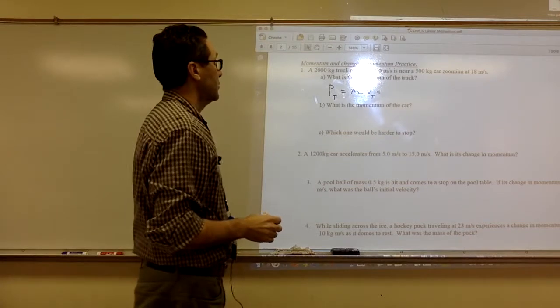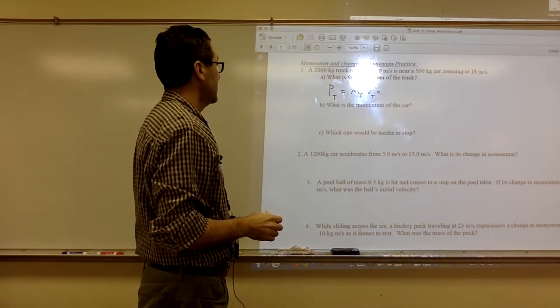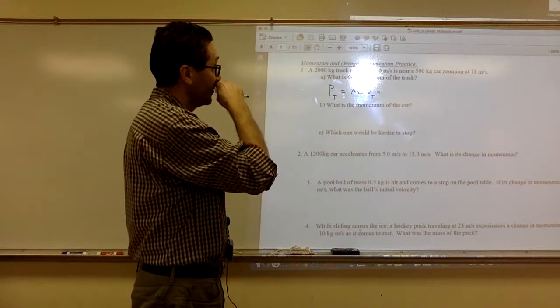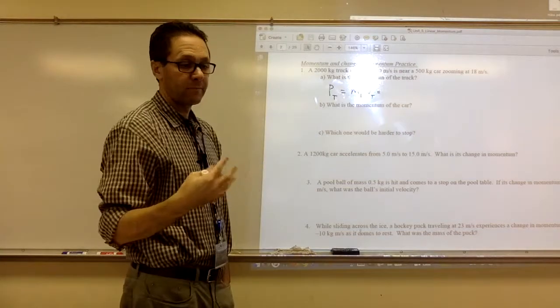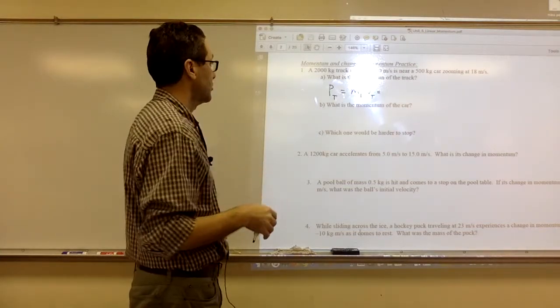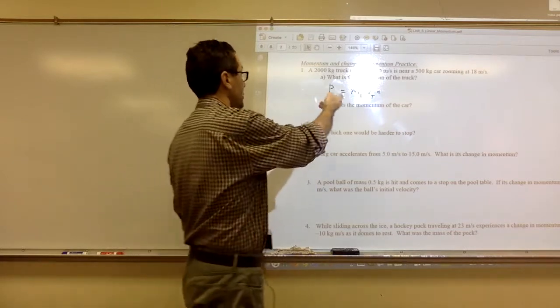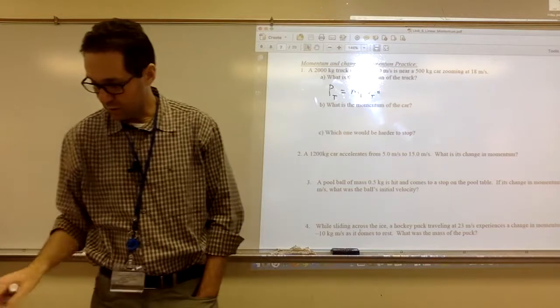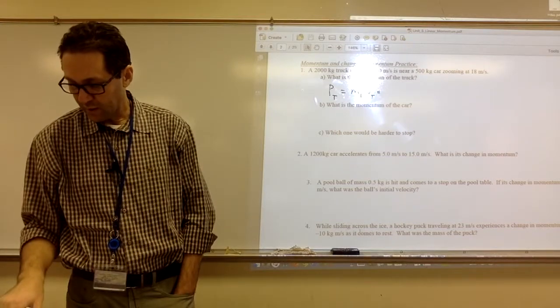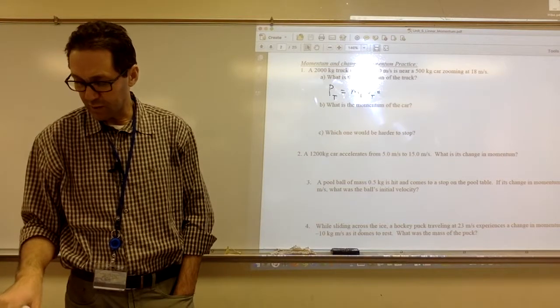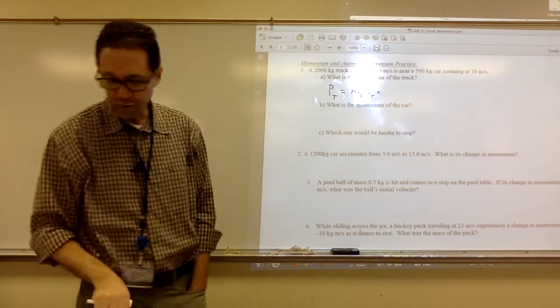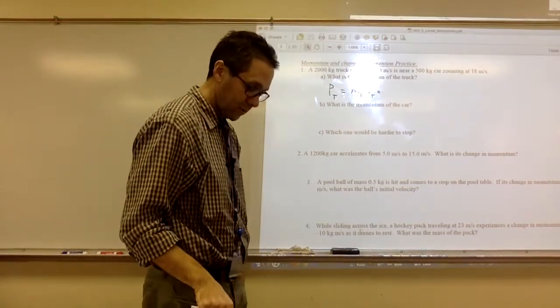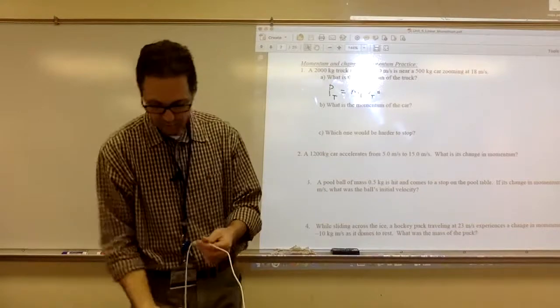Same thing for the car, 500 times 18. Which one would be harder to stop? It will be the one with more quantity of motion, in other words, more momentum. So you do the multiplication and see which one is bigger. The car has 9,000 kilograms meters per second. The truck has only 8,000. So it's going to be harder to stop the car.